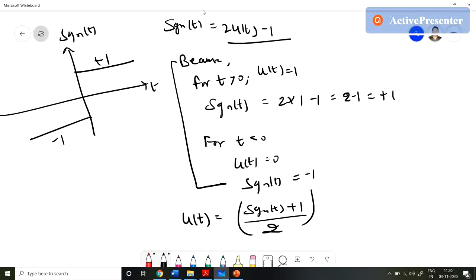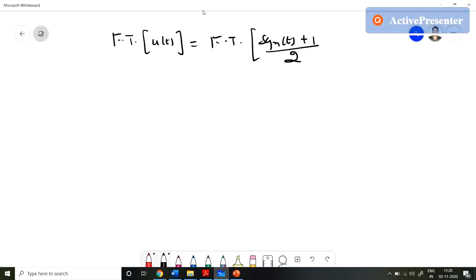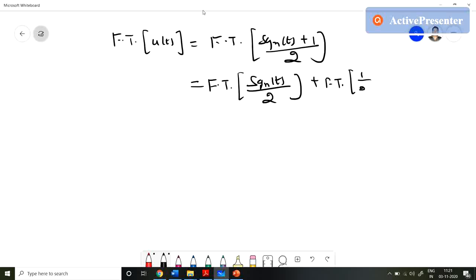So the Fourier transform of u(t) is equal to the Fourier transform of (signum t plus 1) divided by 2, that is, 1 by 2 times the Fourier transform of signum t plus 1 by 2 times the Fourier transform of 1.